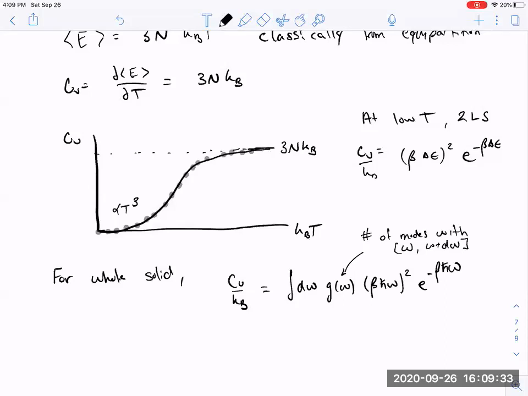So essentially, to understand why there would be a specific functional form to the heat capacity at low enough temperature, we have a simplification which says that the system will act like a set of two-level systems. But to understand that temperature dependence, we need a model for how many modes there are at a given frequency. So what is this density of modes, density of states, G of omega?